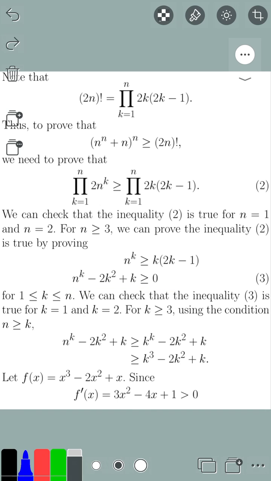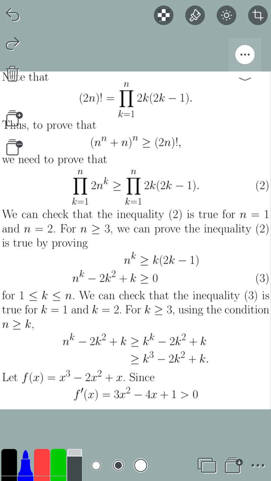And we need to prove this inequality for n larger than or equal to 3 with the condition that k is between 1 and n, because we will only take the product from k equals 1 to n, so k needs to be larger than or equal to 1 and less than or equal to n. Of course n is always larger than or equal to k from this condition, but if we say that n is larger than or equal to k for k equals 1 and k equals 2, that would include the case when n is 1 or n is 2.